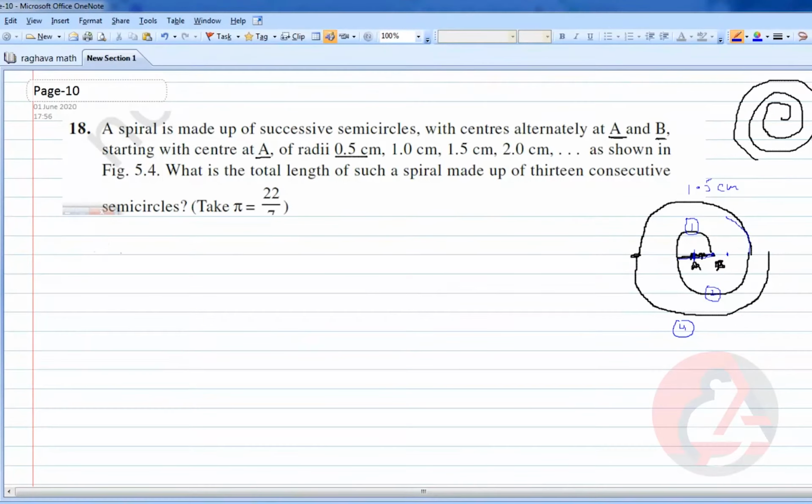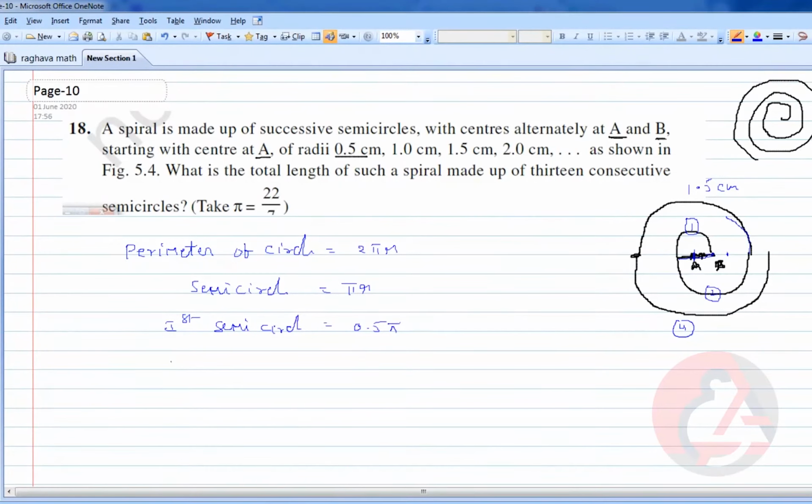The circumference of the circle is 2 pi r, but a semicircle is pi r. First semicircle is 0.5 pi centimeter.